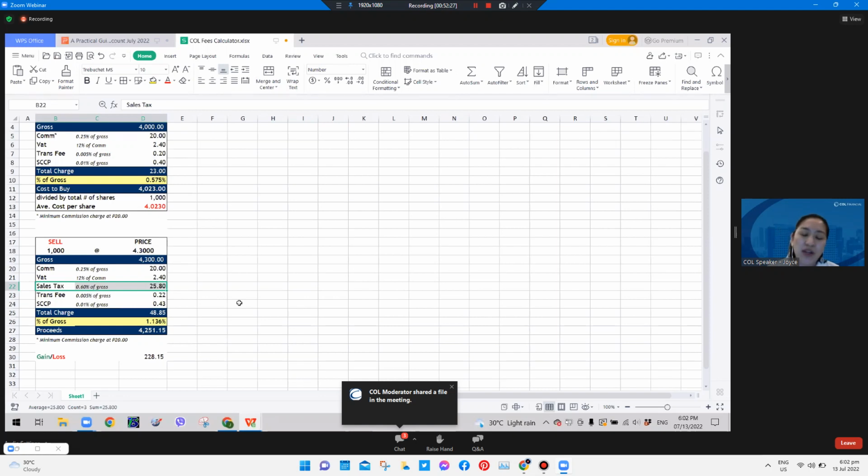We cannot really do away with that because in the TRAIN law, they put that in. So that's 0.6% of the gross. So that's why the total charge when you're selling is a bit higher, but not to worry. Even with just 30 cents above, you can already sell at a profit of about 220 pesos.